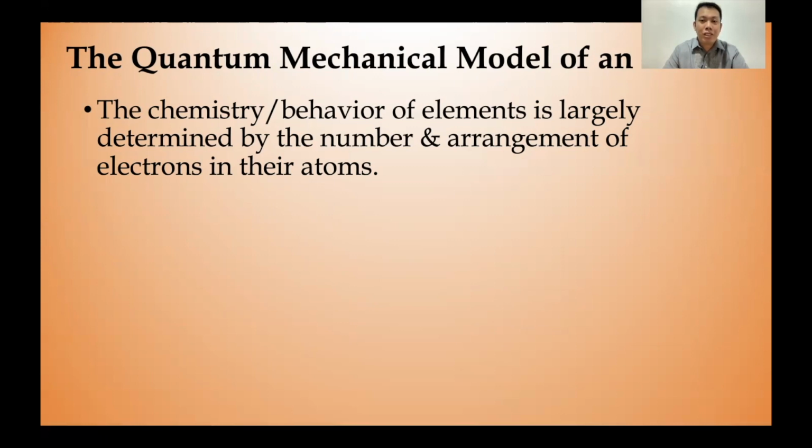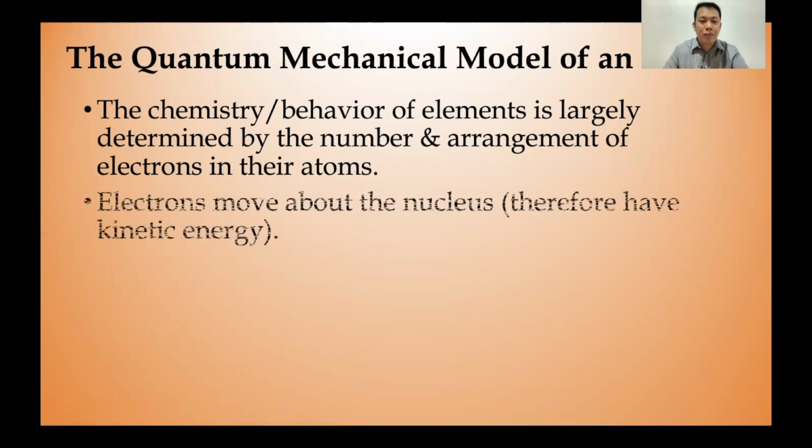When an atom chemically combines with another atom to form compounds, we consider also the electrons. And since they are outside the atom, they are the ones that will be affected by any chemical reaction. Electrons move around the nucleus, so they keep on moving.